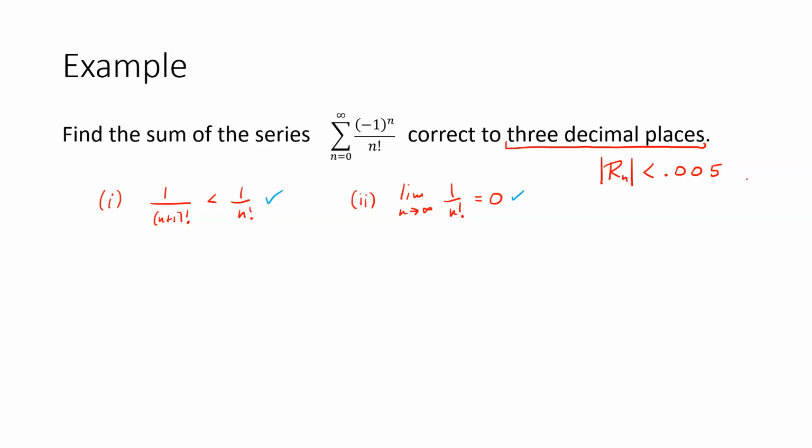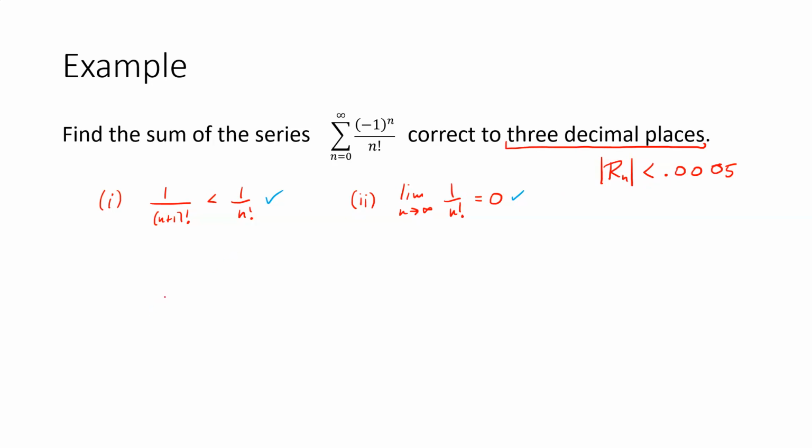Oh, 3 decimals, so actually one more 0 there. As long as Rn is less than this, then we know that the error will not affect the first 3 decimal places, since we've got 3 zeros, and then the 5 guarantees that it won't push it above or below that 3rd decimal place.